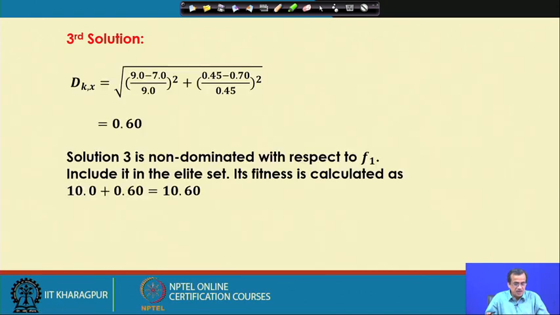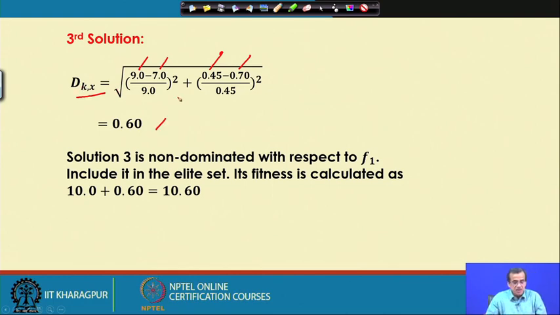So, here, as I told, we will have to compare with the elite, that is nothing but this 9.0 corresponding to the first solution, and 7.0 corresponding to the third solution. So, 0.45 is the value of f 2 corresponding to the first solution, and 0.70 is the value of f 2 corresponding to the third solution, and if you just calculate, I will be getting this particular d k x, and once again only one value for the Euclidean distance.